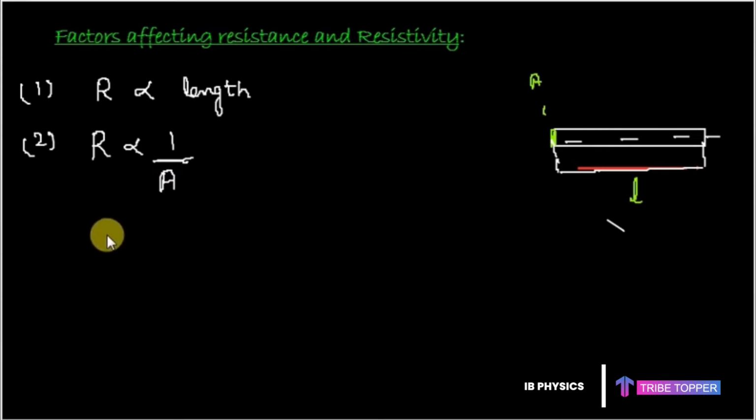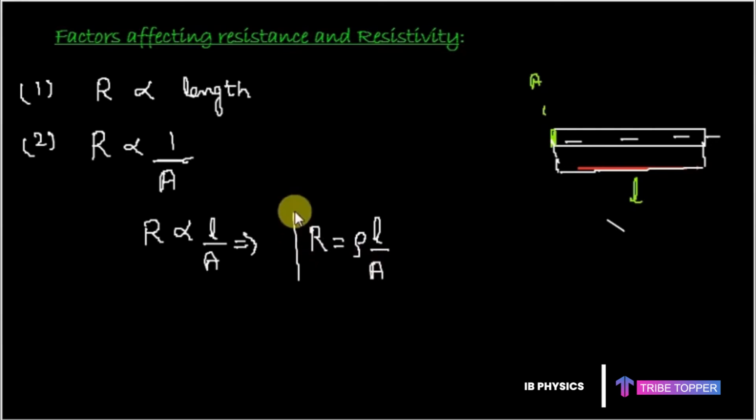And when we combine these two factors, we get R is proportional to L upon A, and if we remove the proportionality sign and add a constant, that constant is rho, so R is rho times L upon A. This rho, which is a constant of proportionality, introduces the third factor that accounts for the nature of the material of a conductor.